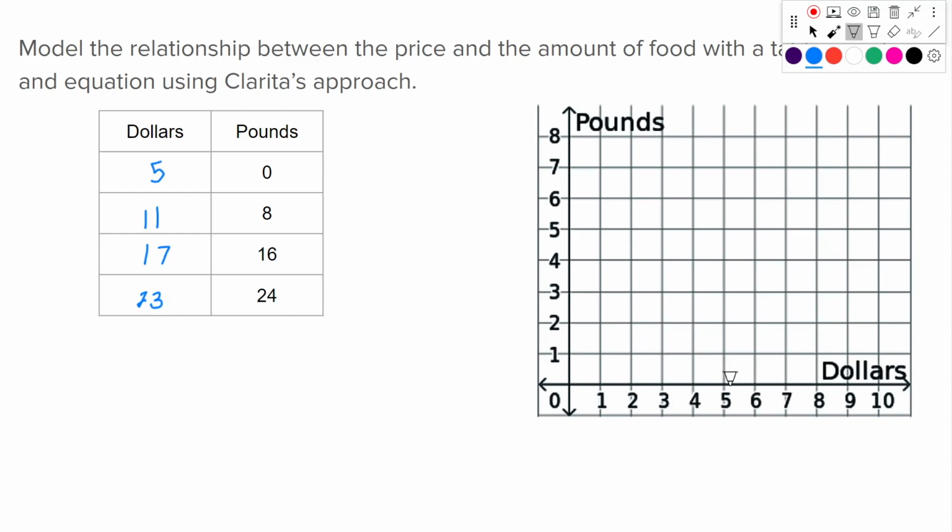So $5, 0 pounds. $11 is on the very end here, 8 pounds. I can graph my line.